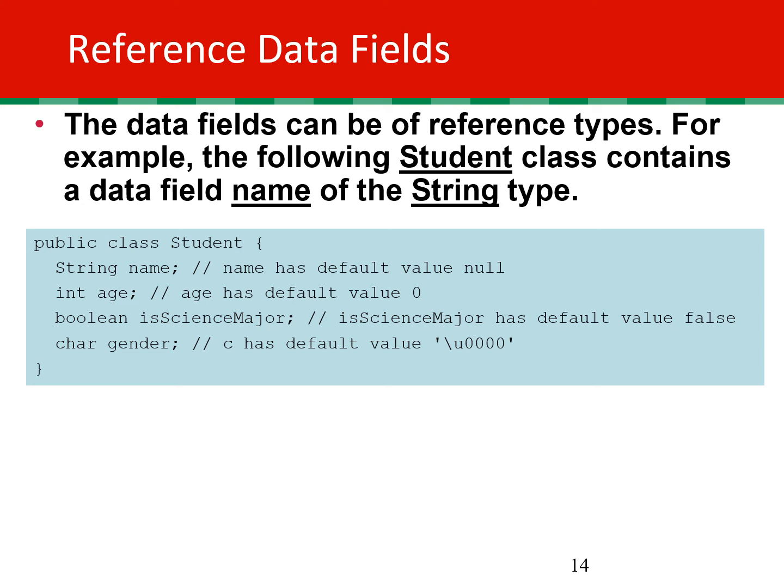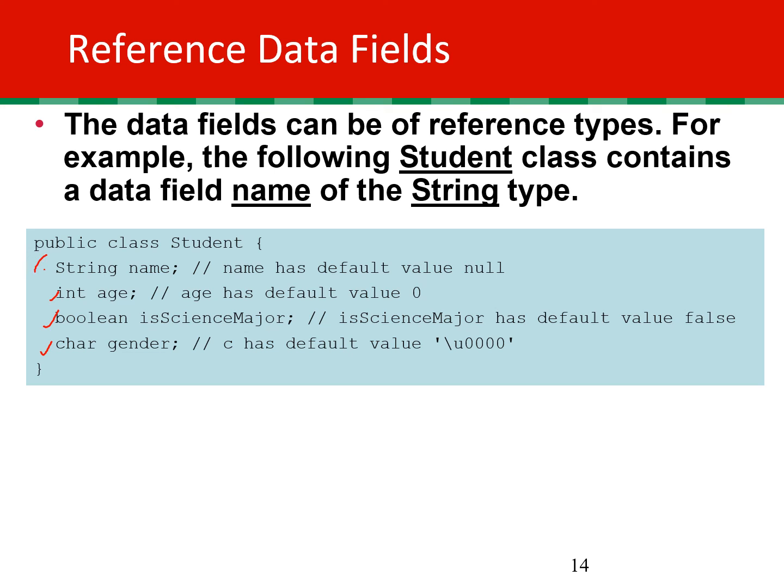The data field can be of reference type. For example, in this example, we have a class called Student. It's a public class Student. Inside here it has name, a String, age, a char, and a boolean. So char, boolean, and integer are primitive values.